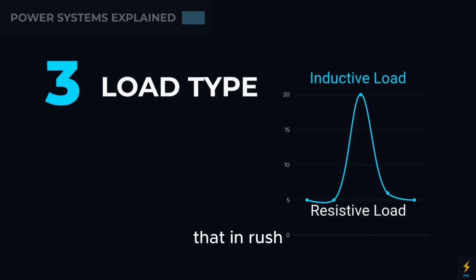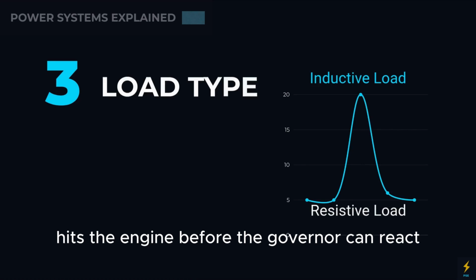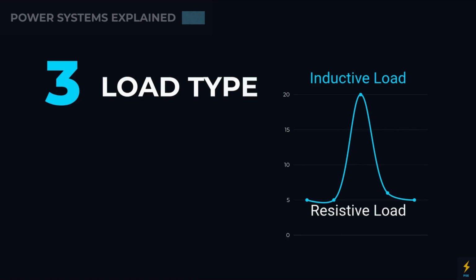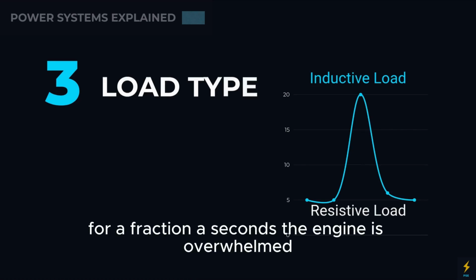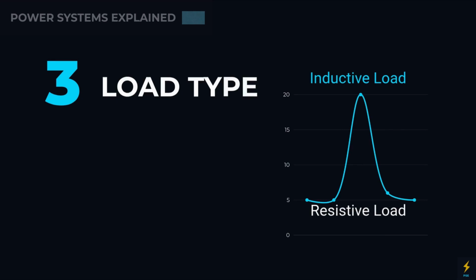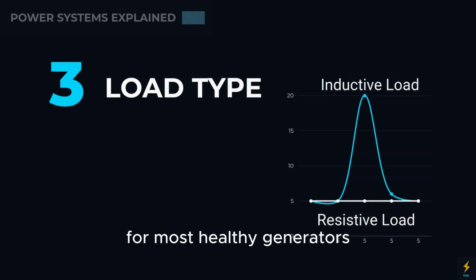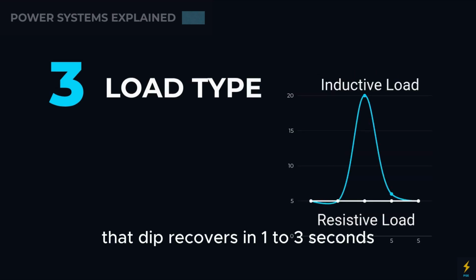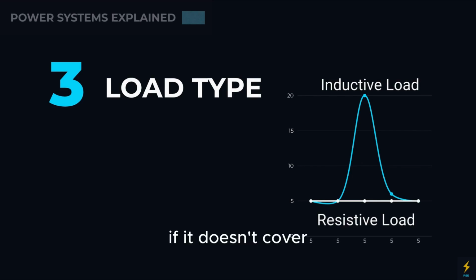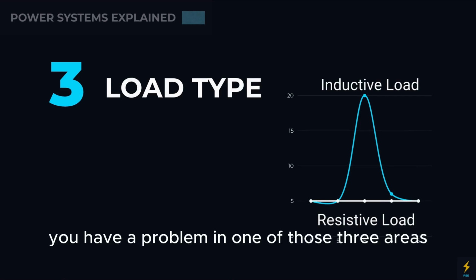That inrush hits the engine before the governor can react. For a fraction of a second, the engine is overwhelmed. Frequency dips. On most healthy generators, that dip recovers in 1 to 3 seconds. If it doesn't recover, or if the dip is severe, you have a problem in one of those 3 areas.